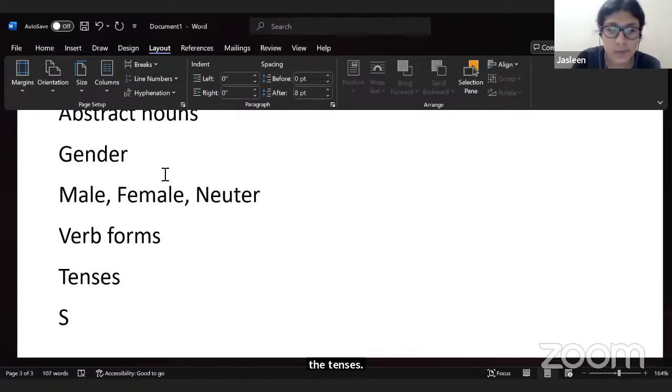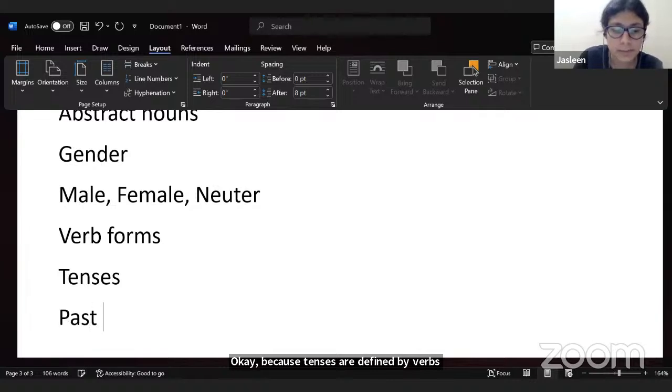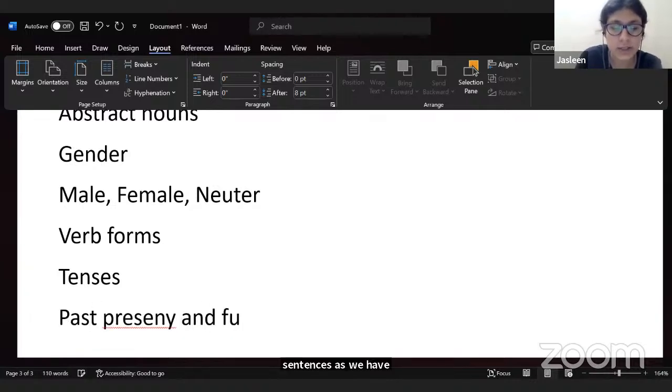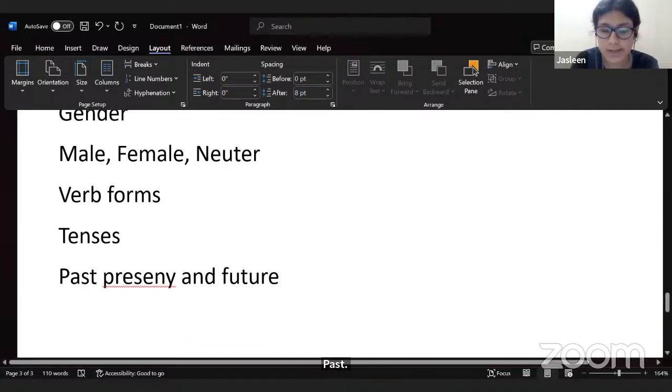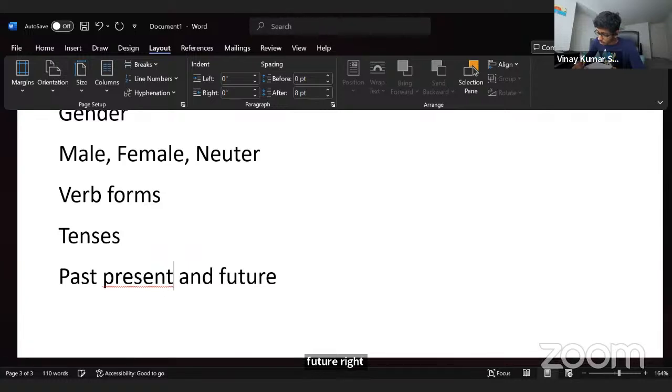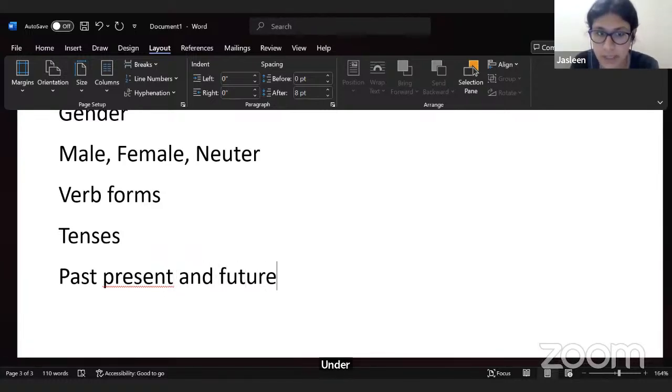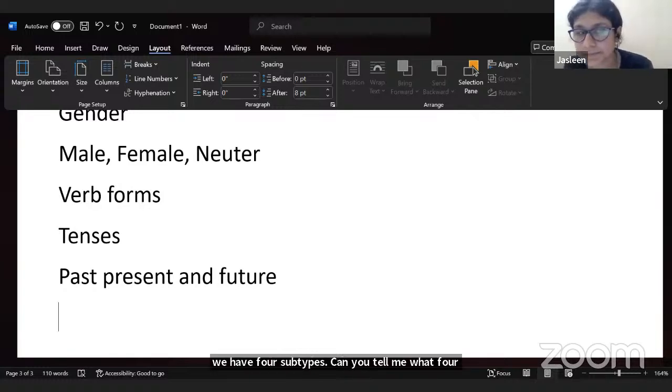So we have past, present, and future, right? Under these three types, we have four subtypes. Can you tell me what four subtypes we have under these? Try to recollect.